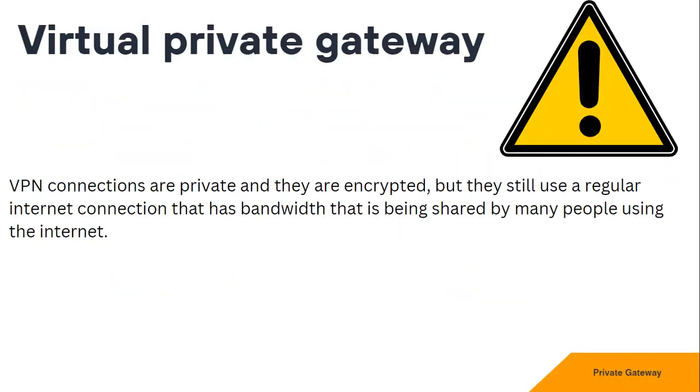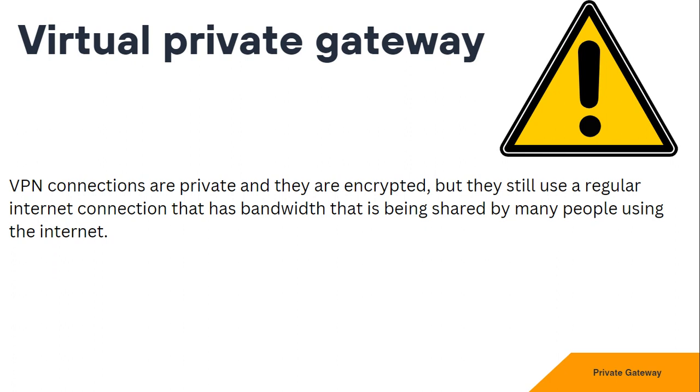Though we create a VPN, which helps to establish that encrypted private layer, we still use a regular internet connection that has bandwidth being shared by many people using the internet.